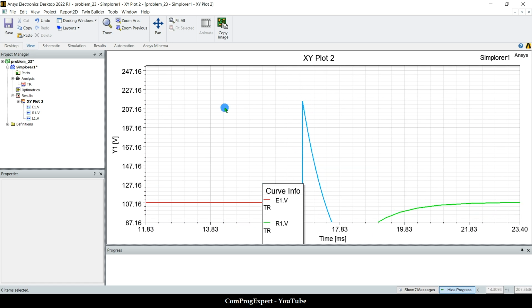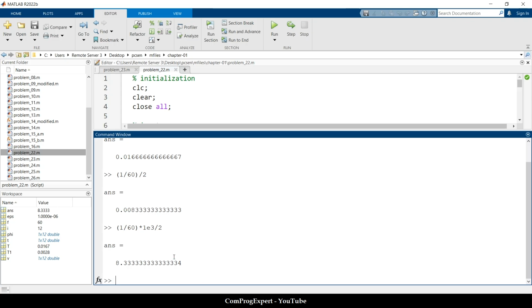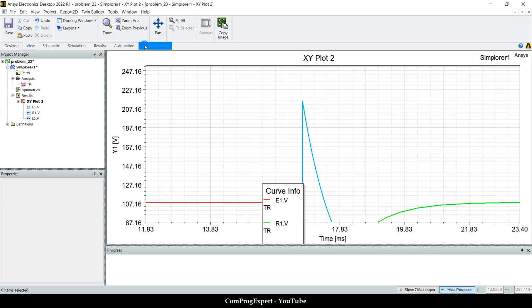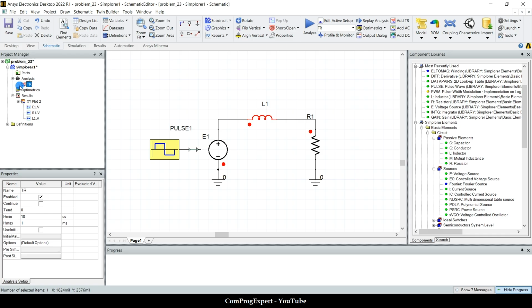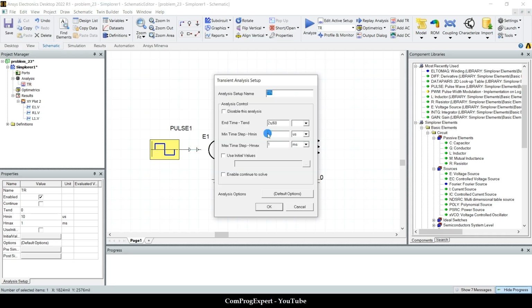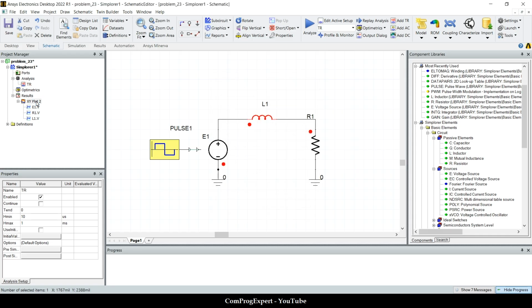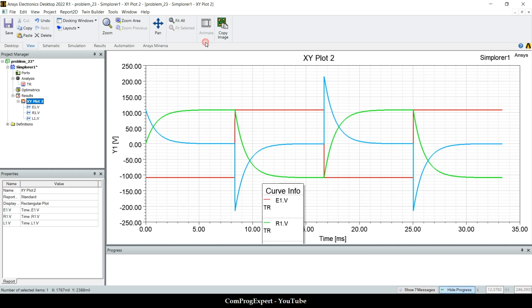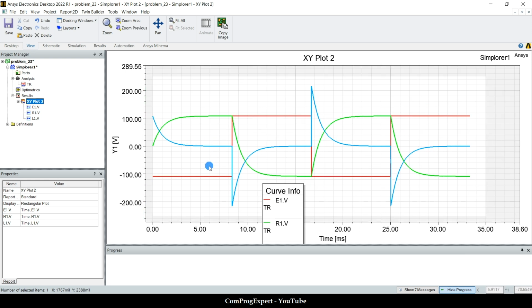The peak value is close to 2 times 108, 216, right? So I need to reduce the time step size of the solver to detect the inductor voltage spike correctly, when we change the polarity of the input voltage.